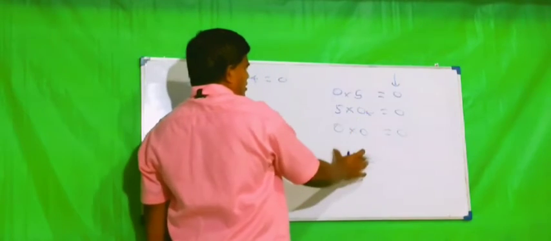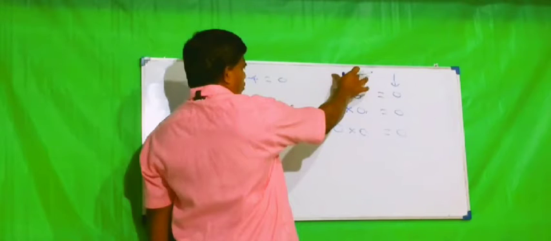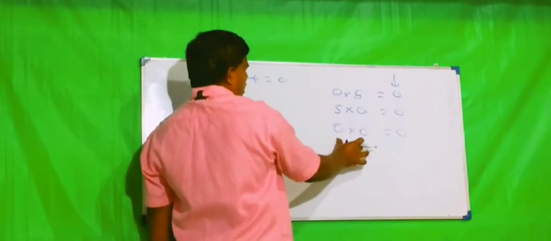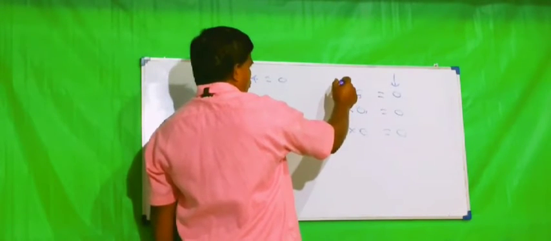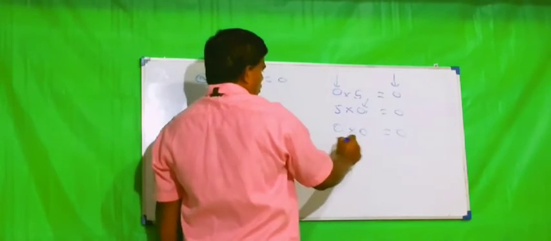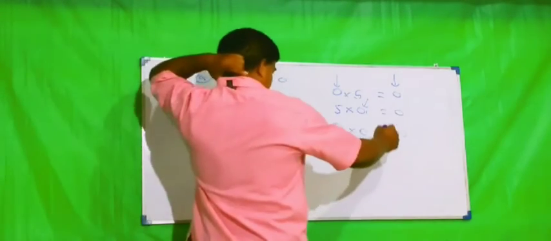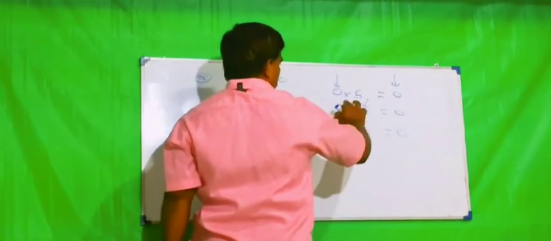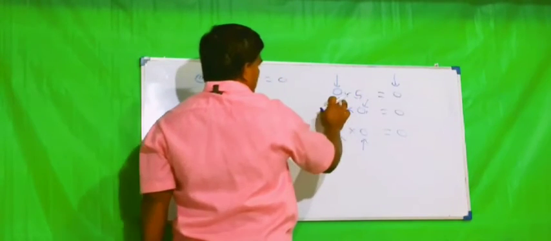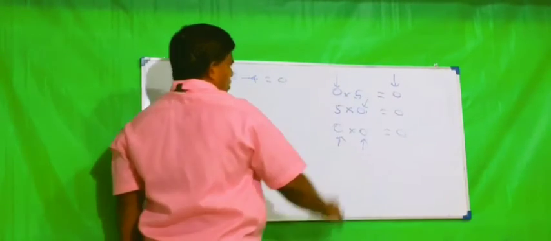If we consider the left sides, products of two values, in all of them at least one value is 0. If the product of two values is 0, at least one value should be 0.